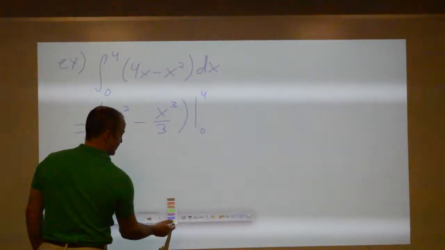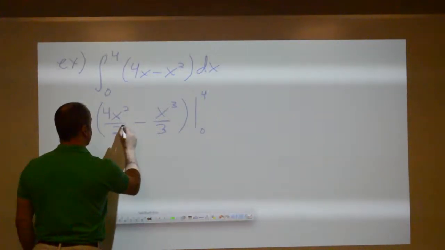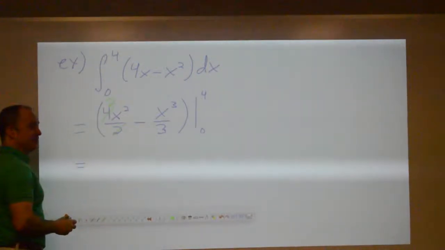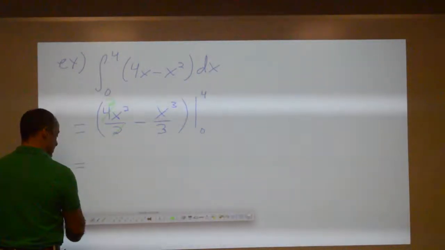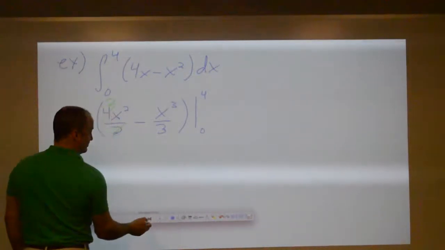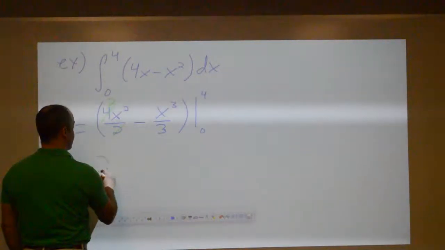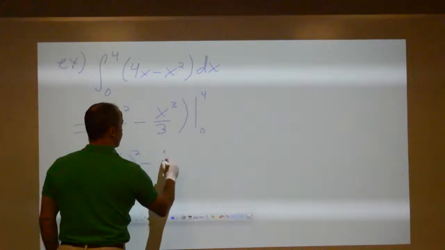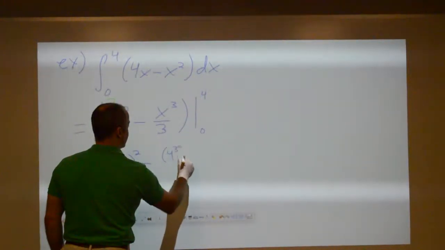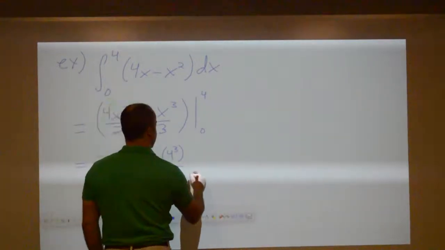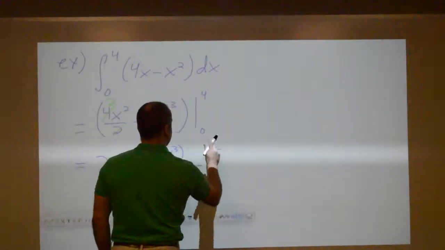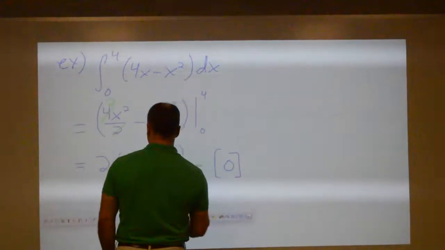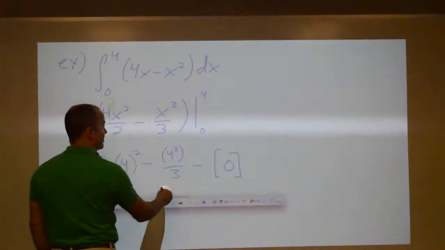So this is going to be 2 times 4 squared minus 4 cubed over 3, minus, I put 0 in for x squared and 0 in for x cubed. That will all be 0, but I like to make sure you stop and think about it.